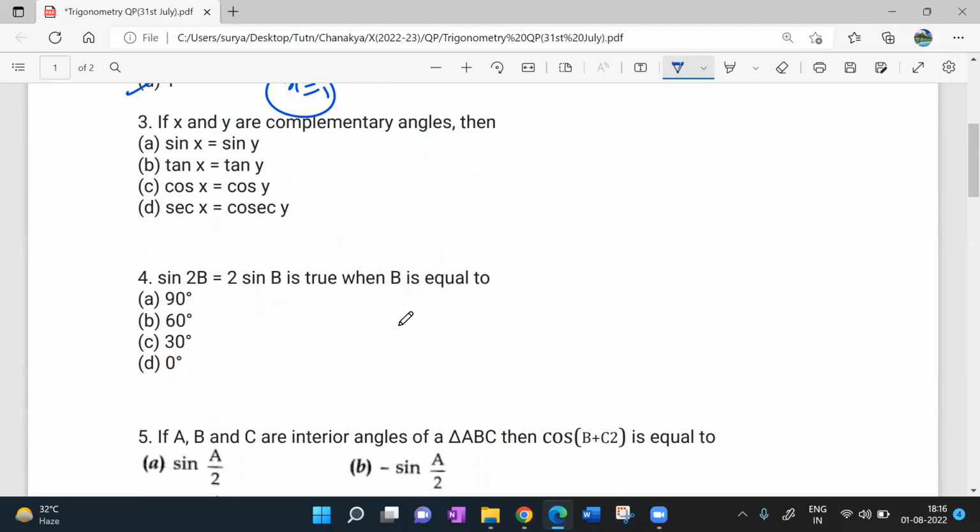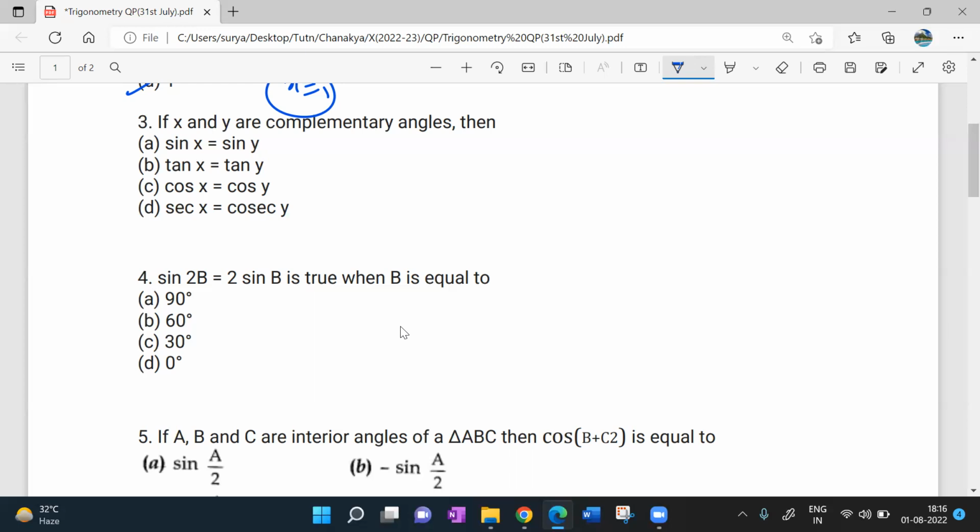X and Y are complementary angles, then what? Complementary angles is nothing but what, beta? Sum of the angles is 90. Sum of the angles should be 90 degrees, right?